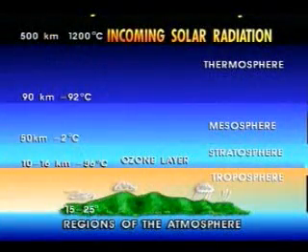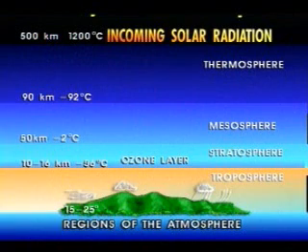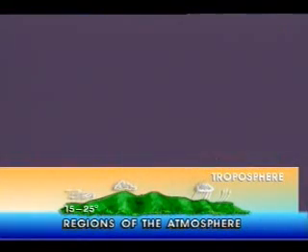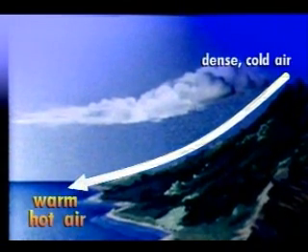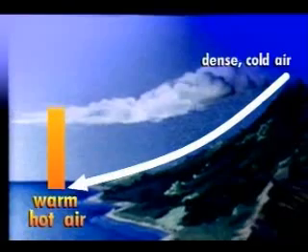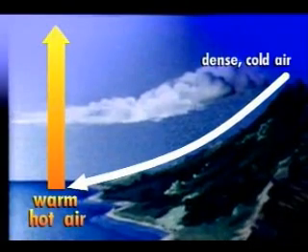The atmosphere has 5 zones based on a temperature gradient. The troposphere, or the lowest zone, extends to about 12 kilometers from the Earth's surface. Dense cold air in the higher altitudes of the troposphere tends to sink and replaces the lighter hot air, which then rises. This vertical movement mixes the air fairly well in this region.